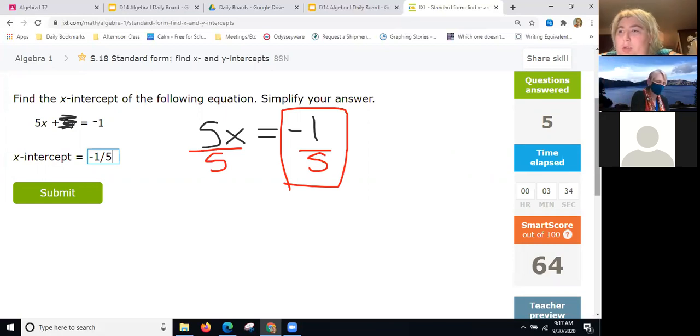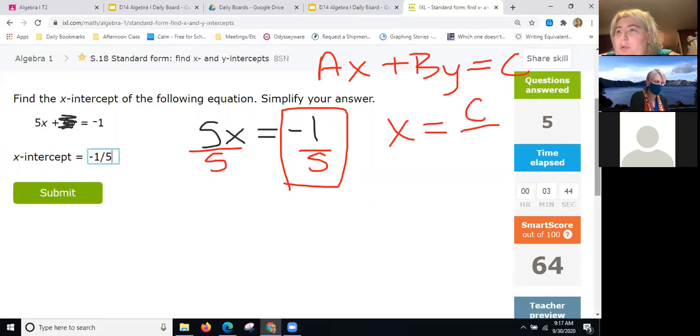If we think about this being ax plus by equals c, if I want the x-intercept, it's c divided by a. If I want the y-intercept, it's c divided by b. So the coefficient of the variable is on the bottom. The constant is on the top.